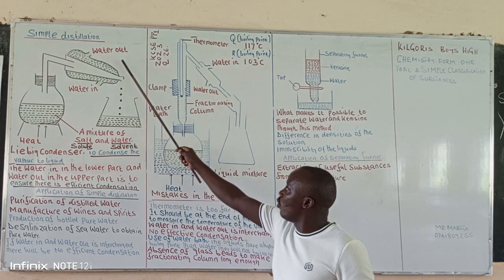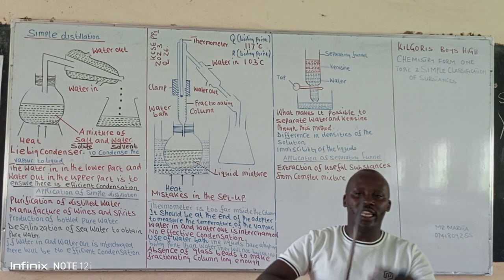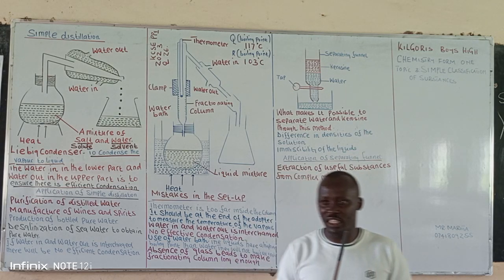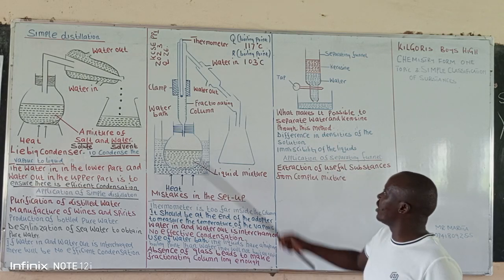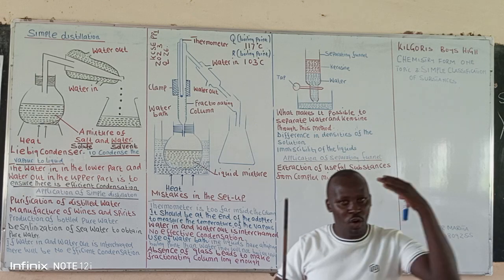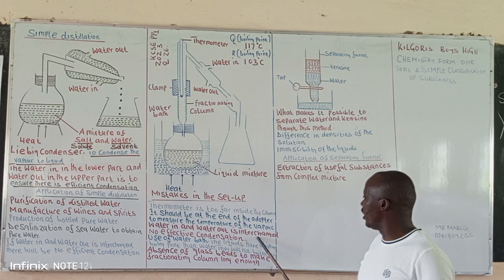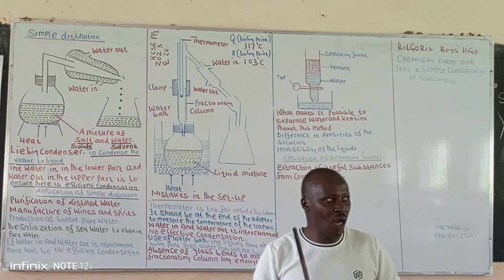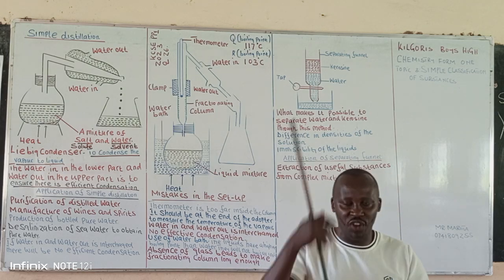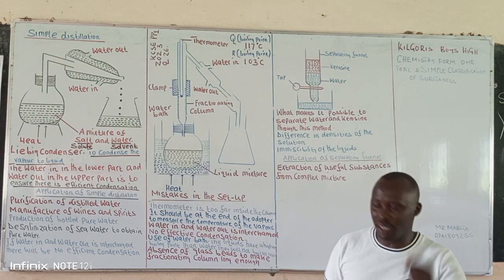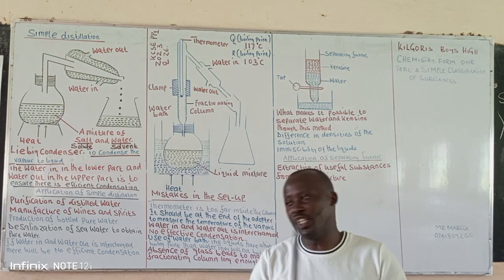If this is interchanged, then there will be no efficient vaporization, and therefore no efficient condensation. So one mistake is that water in and water out are interchanged, and then there is no effective condensation or effective vaporization. They were supposed to identify the mistake and give the reason for each mistake.